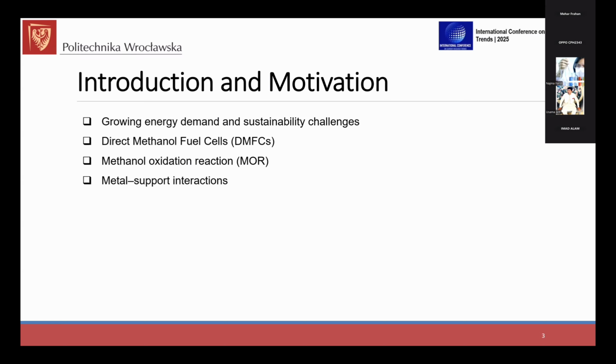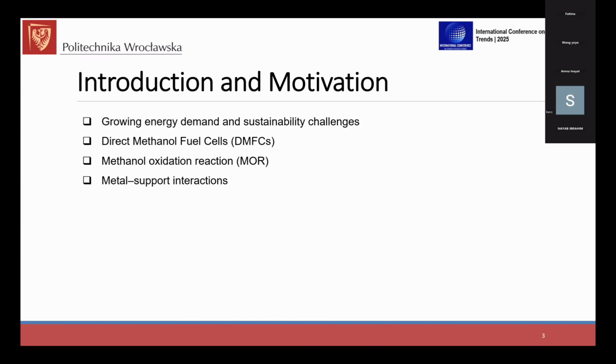First of all, due to the growing global energy demand and increasing sustainability challenges, researchers are focusing on finding low emission energy technologies for a renewable and safe environment. The direct methanol fuel cells are attractive because we only use liquid methanol, which is easy to store and transport, to produce electricity.